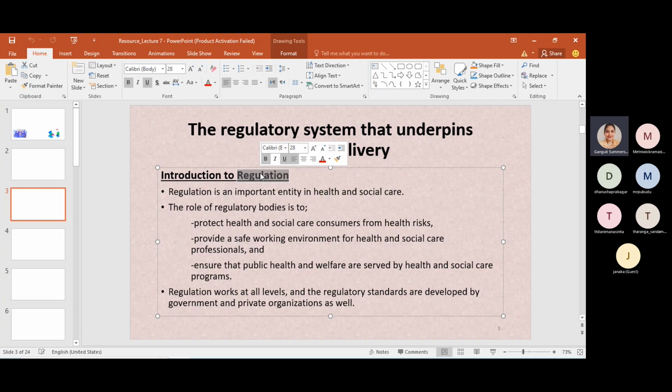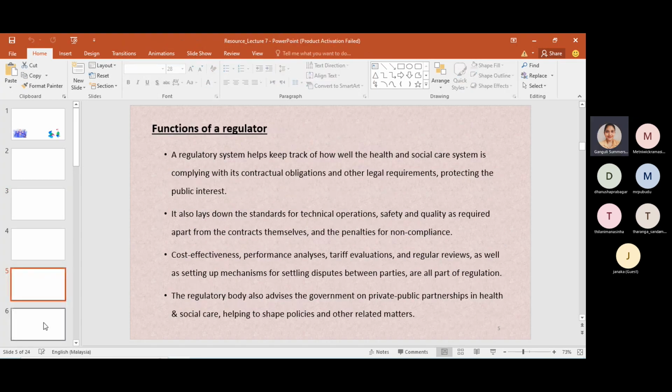In regulation, someone is checking if you are doing your service properly or not, like if you are doing your health and social care services properly. This is being overseen or followed up by someone. So who is this someone? This someone is the regulators or the regulatory bodies.